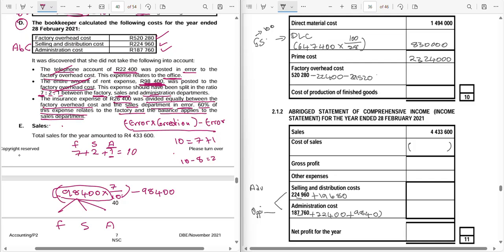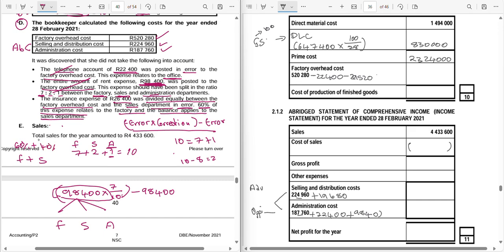So it means that we have factory and sales in this. They are saying that factory overhead cost and the sales department in error. So they are saying 60 of this expense related to the factory. We must give factory 60. Then we give sales the remaining, which is 40. All right.